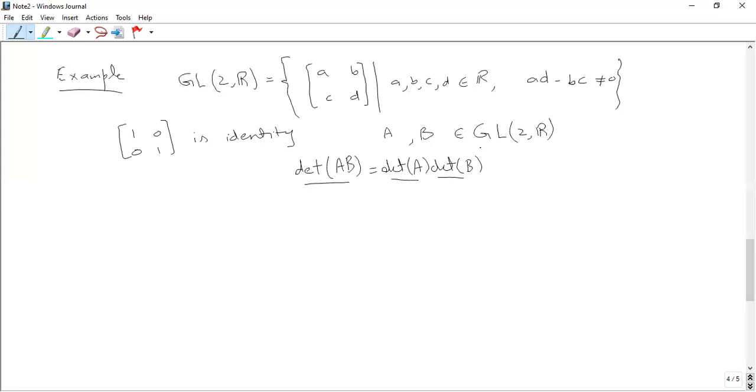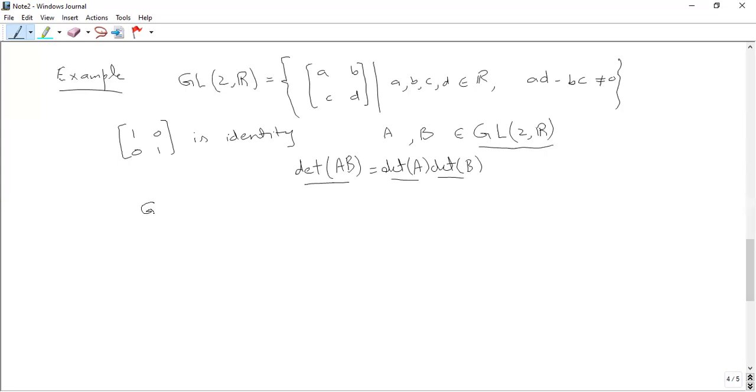So GL2R is closed under matrix multiplication, and the remaining axioms can also be clearly satisfied. Okay, one important thing is, as I have already told you, that matrix multiplication is not abelian in general.